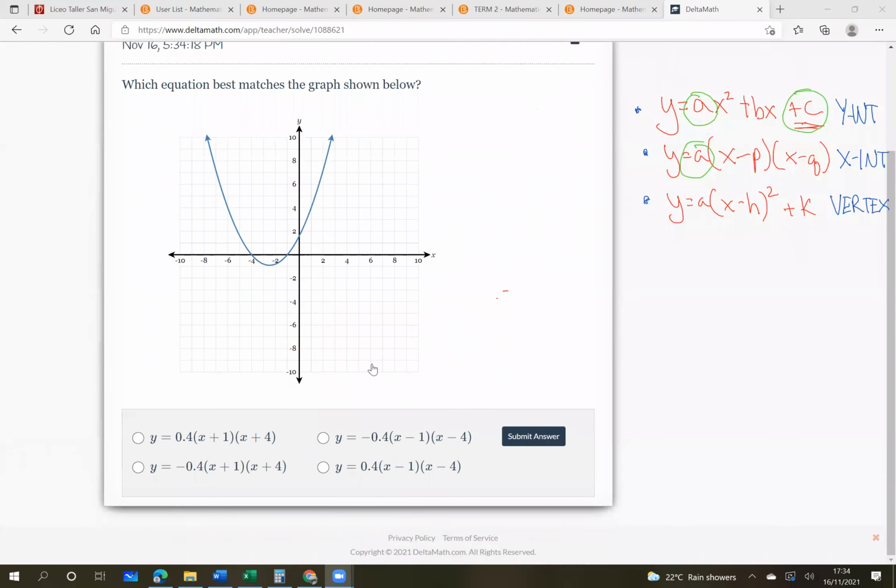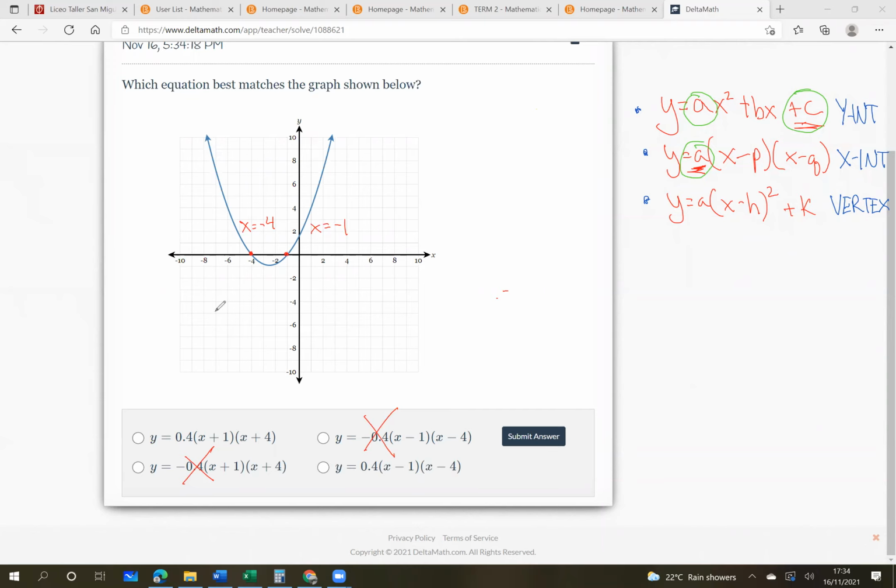Here I'm dealing with a happy face, right? The curve is going up. So I know that my A is going to have to be positive, meaning it can't be this, and it can't be this. But now I look at my equation and I see I've got negative 4 and negative 1. X equals negative 4 and x equals negative 1 for my x-intercepts.